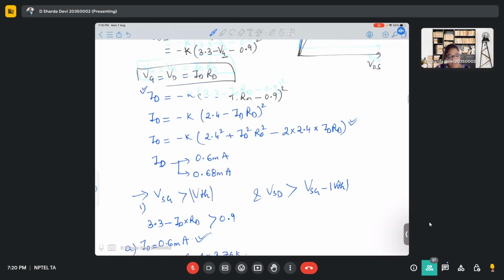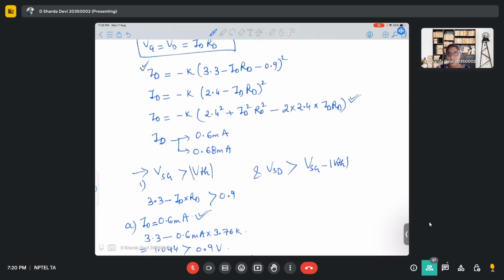After solving the quadratic equation, since it has two roots, we got two answers. Now we have to decide which of the two is correct. For a MOSFET, I've already said that when you're working on amplifiers, you want your transistor to be in saturation mode.